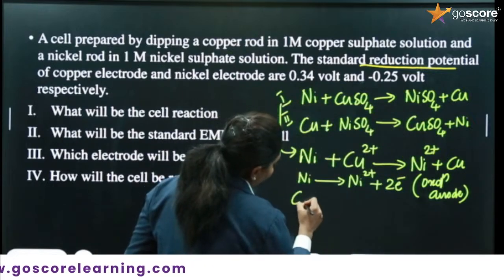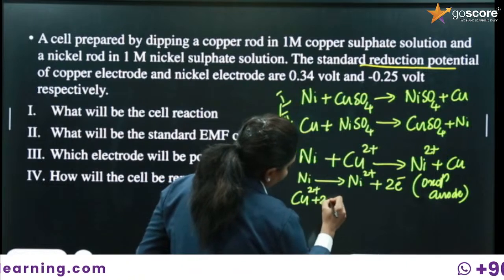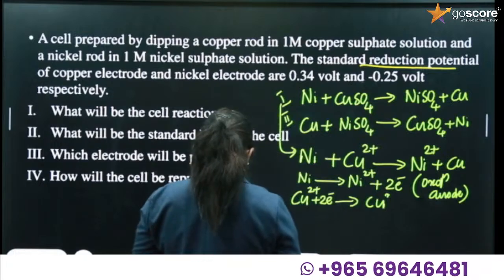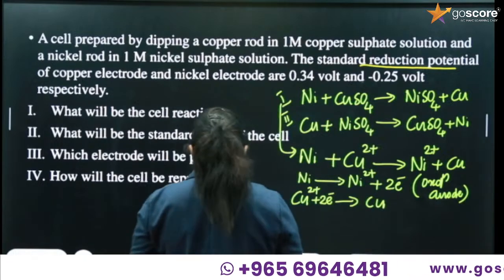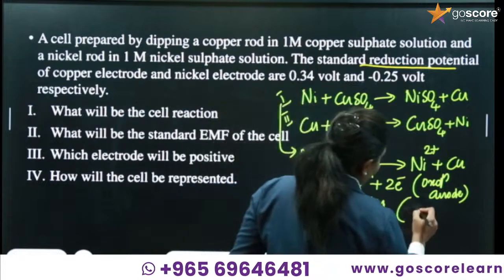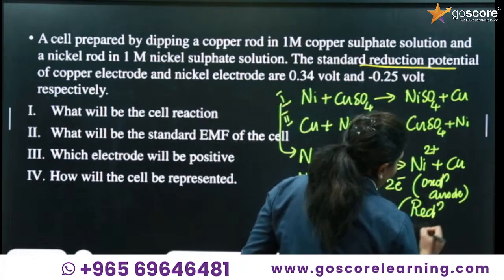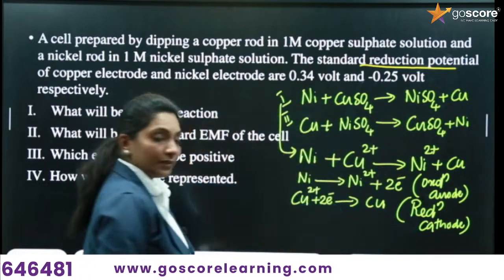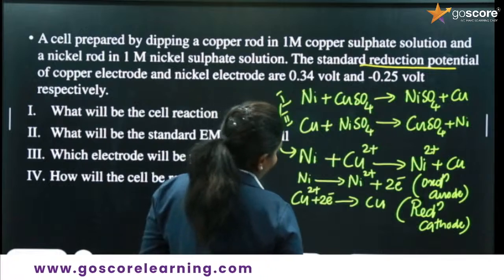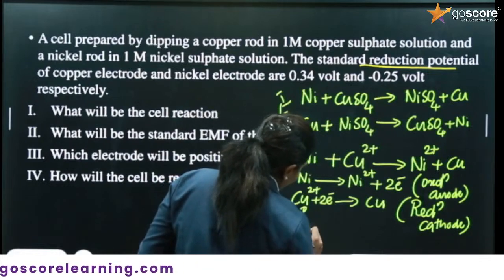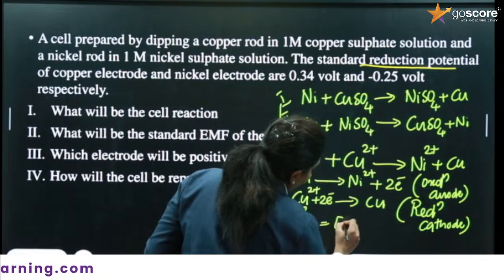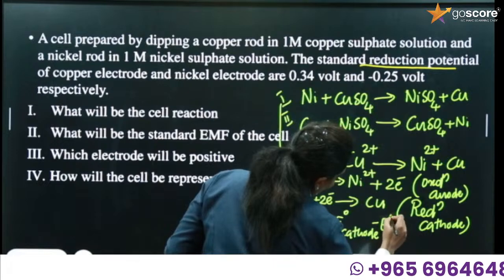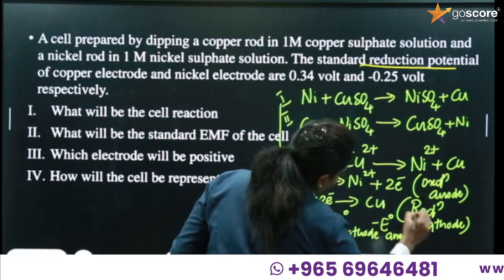And then Cu2+ plus 2 electrons converts into copper. That means it is accepting the electrons, undergoing reduction, and it will act as the cathode, right? Now let's check the electrode potentials. Standard electrode potential values are given. Then E naught cell will be equal to E naught cathode minus E naught anode, right?